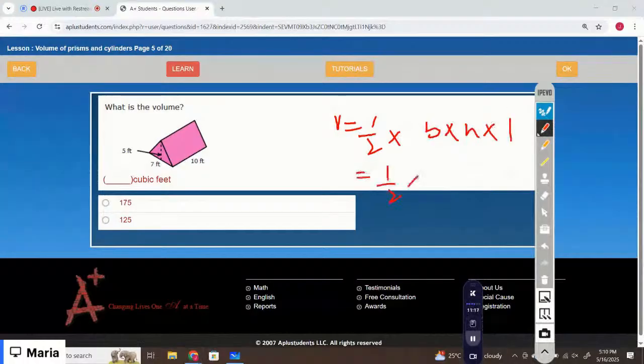So 1 by 2 times 7 times 10 times 5. 350 divided by 2. That is 175.